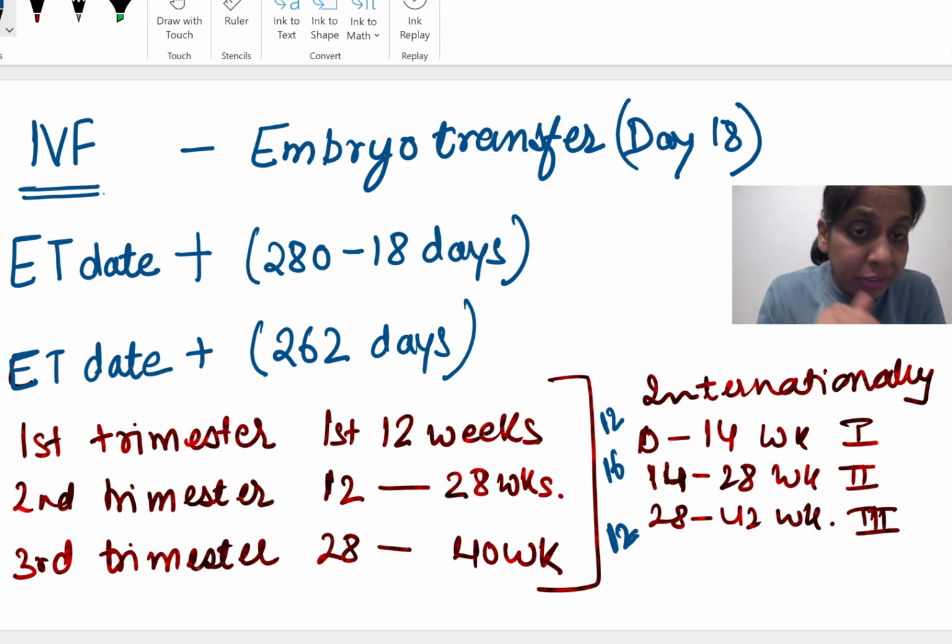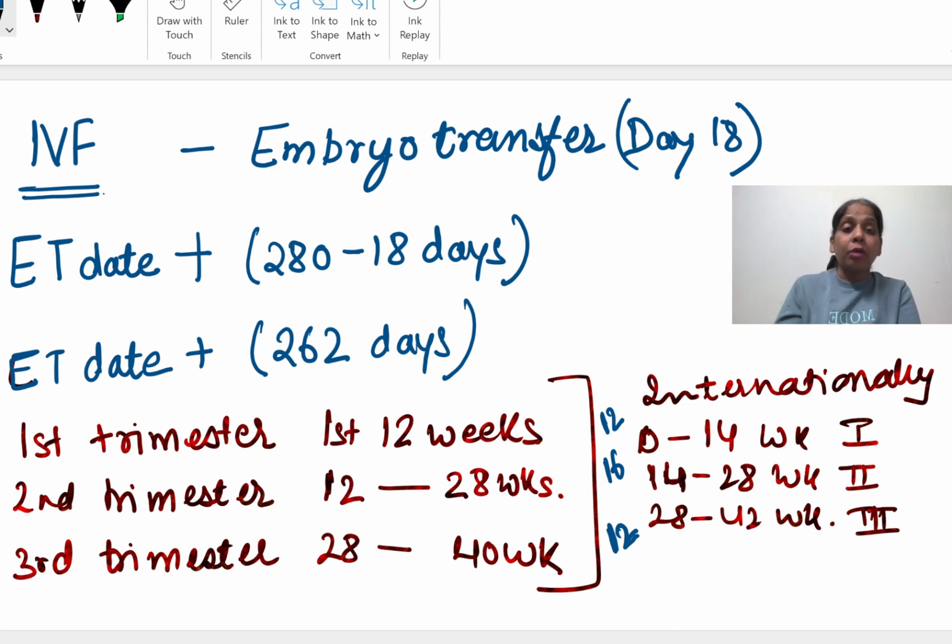But the option said approximately 14 weeks. This is usually done internationally: the first 14 weeks is the first trimester, the next 14 weeks is the second trimester, and 28 to 42 weeks is the third trimester. Now why didn't we mark that and why did we mark the other option?